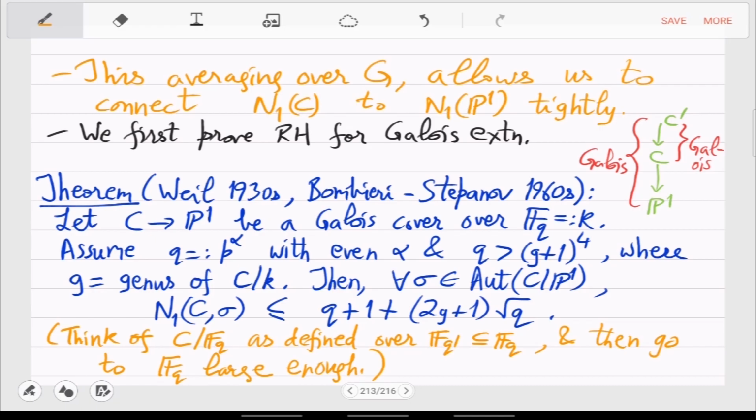That's all. Yeah, so it seems to be a cycle, but you break the cycle by this remark. You are given the curve somewhere small, and then you are jumping to a bigger field. That's your K. And that is where the Weil-Bombieri-Stepanov bound will hold. That's the theorem. So why is this enough?